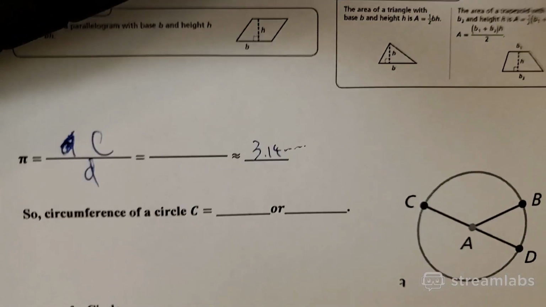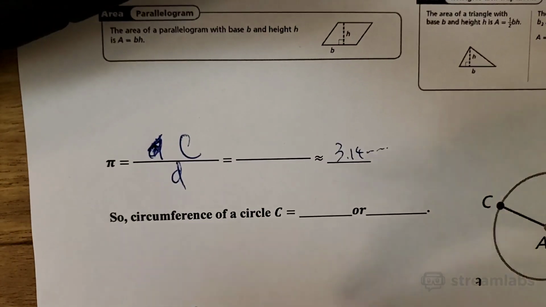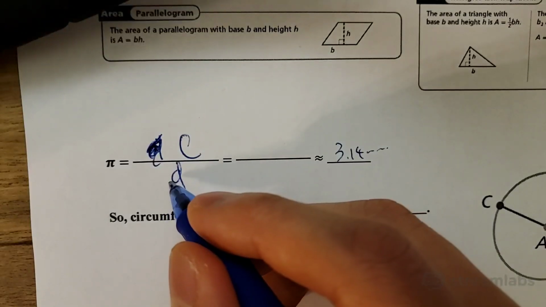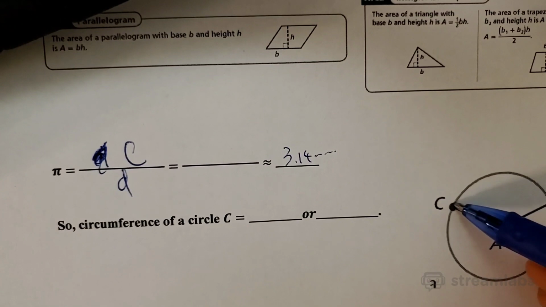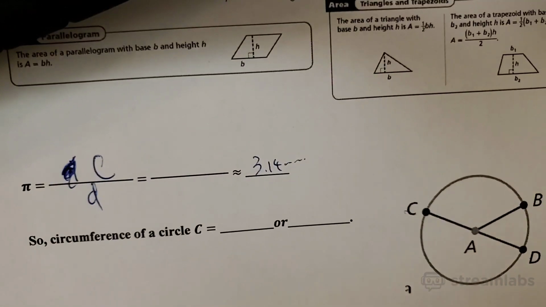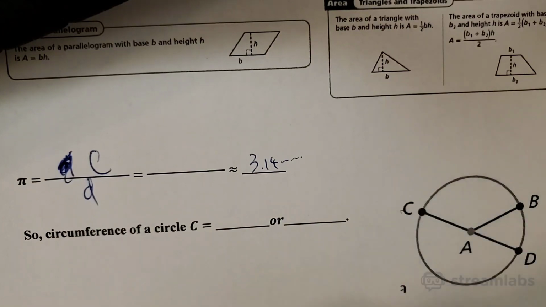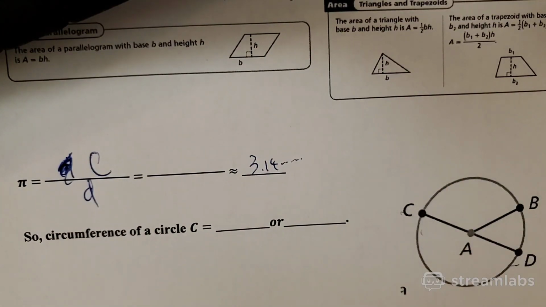What that means is, how many diameters do I have in a circumference? Like if I take the circumference, make it a string and go around, how many diameters can I fit within it? That's basically the idea.